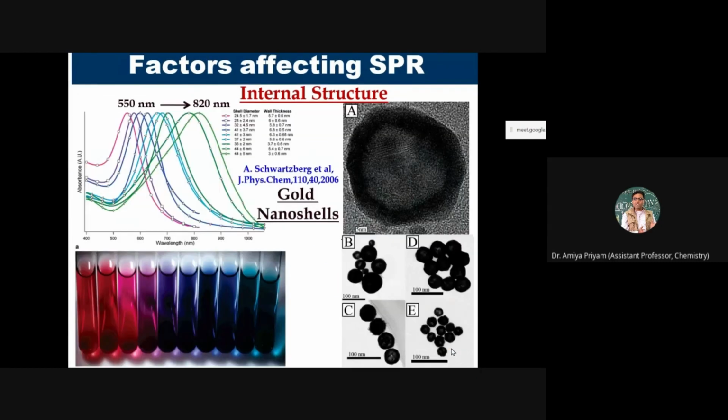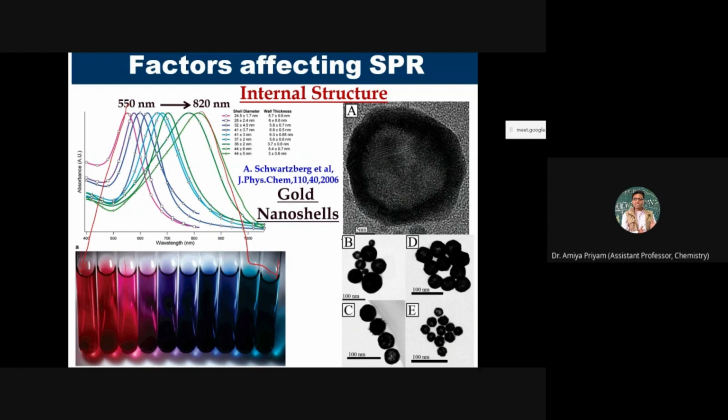There is a redshift of the plasmon peak, and this is quite evident in gold nanoparticles, from 550 nanometers to 820 nanometers. You can see how these colors change as you change the frequency. Sorry, I was taking it the wrong way: 550 is this one, and 820 is this one.